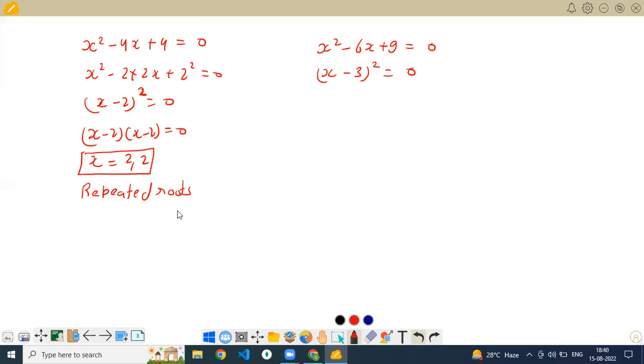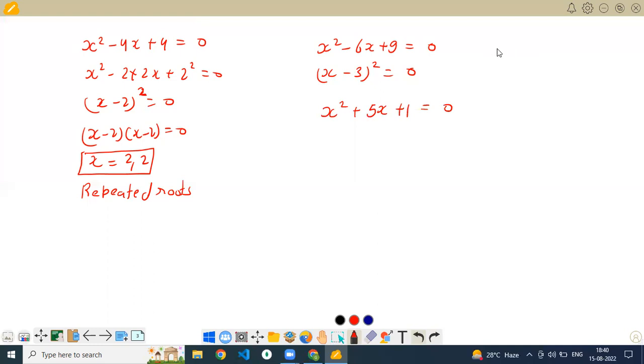The last is, if the equation is something like this. Now, neither can you make it a perfect square, nor does the middle term splitting work out. Then we have a quadratic formula.